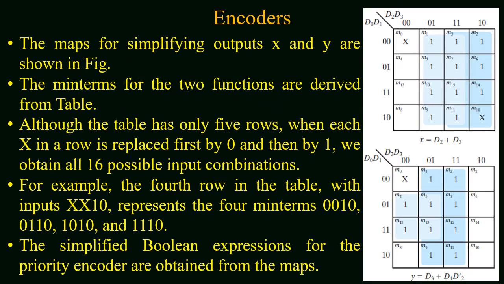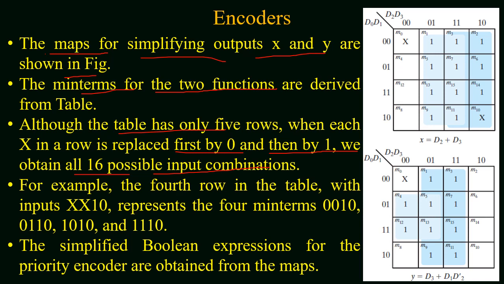Now to make the output circuit for the priority encoder, the maps for simplifying outputs X and Y are shown in the figure. Although the table has only 5 rows, each X in a row is replaced first by a 0 and then by a 1, which is by definition of a don't care, that a don't care can be a 0 or a 1.